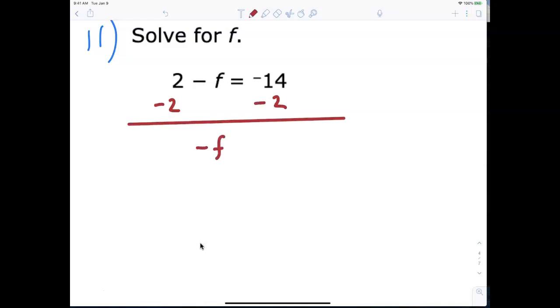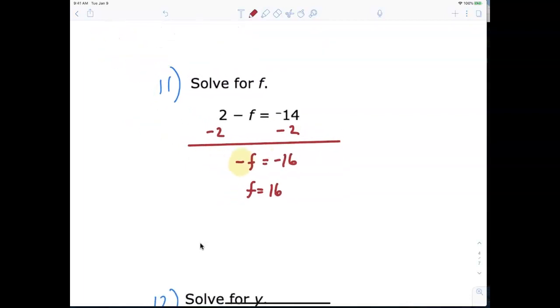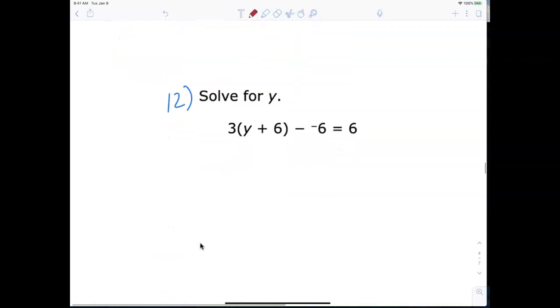Negative f is equal to negative 16. And don't forget, I keep reminding you, whenever the variable is negative, that just means change the signs. So the negative f becomes positive f, and the negative 16 becomes positive 16. Very straightforward.